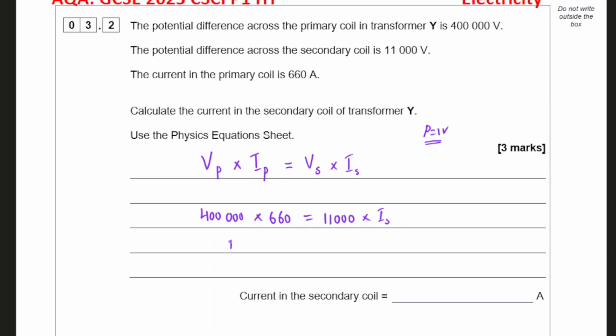So rearranging the equation, current in the secondary coil is equal to 400,000 multiplied by 660 divided by 11,000. That gives you an answer of 24,000 amps.